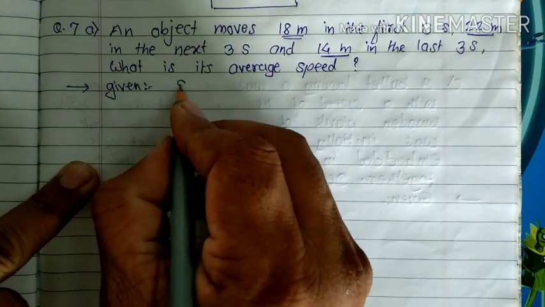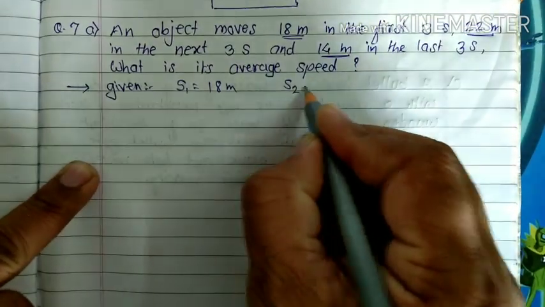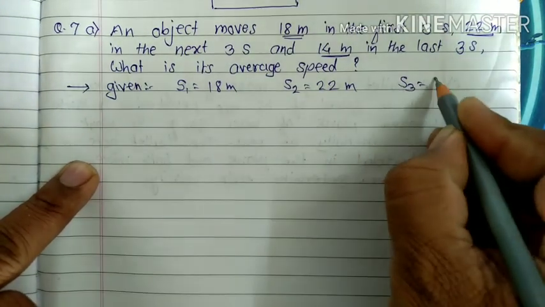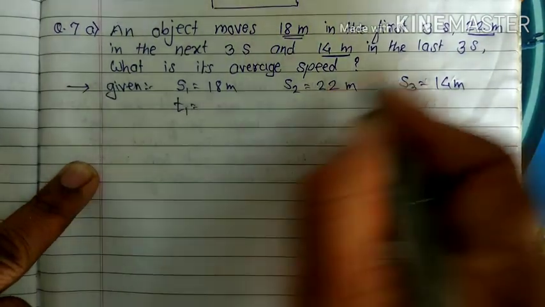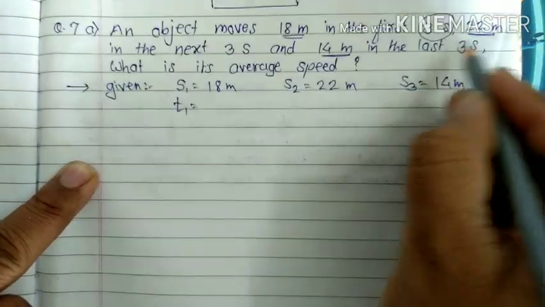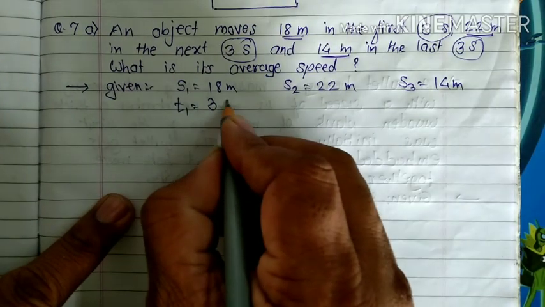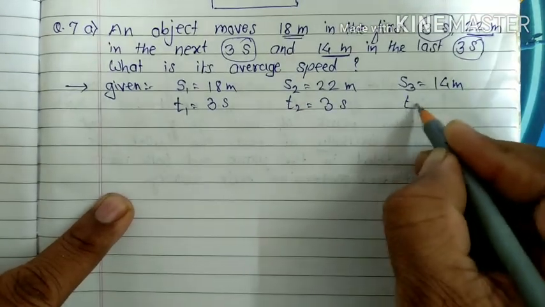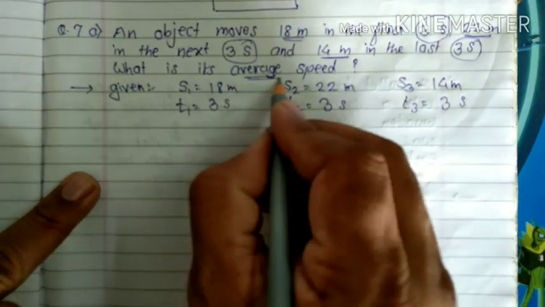I am writing here S1 is equal to 18 meter, S2 22 meter, and S3 14 meter, while T1, T2 and T3 are the time intervals: T1 is equal to 3 second, T2 again 3 second, and T3 again 3 second. We have to find average speed.